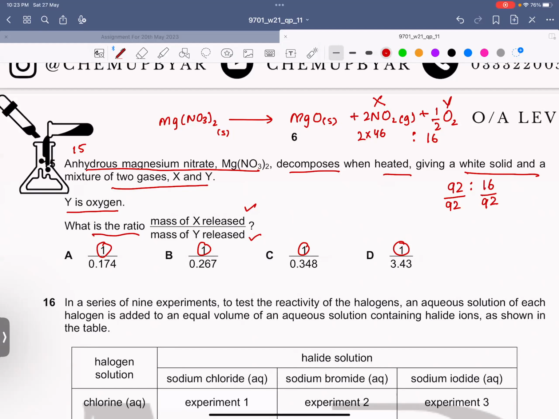Can anybody divide 16 by 92 and tell me the answer, please? 0.174. So it makes it 1 over 0.174. So B, C, and D go wrong, and A is your correct answer. Is this clear to everyone?